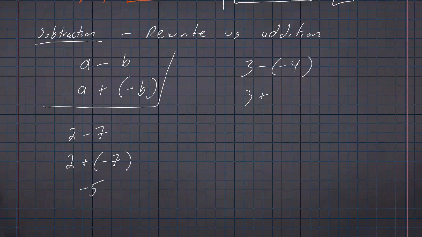And the opposite of -4 is +4. And then 3 plus 4 is 7. So using this rule that subtraction is really addition in disguise means that we don't have a separate rule for dealing with subtraction. We just cheat and turn it into an addition problem, and then we can go from there.